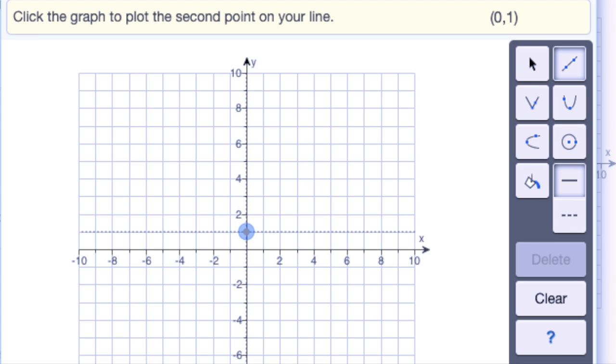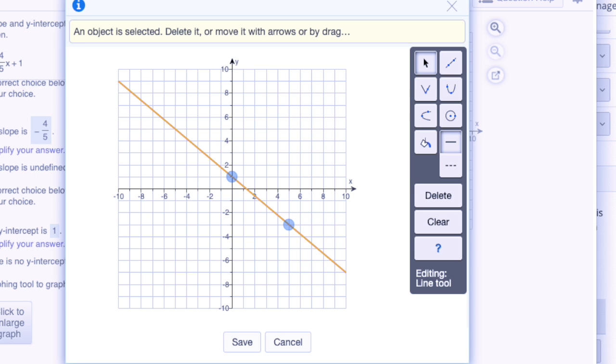Once you've clicked and located your y-intercept, the directions at the top now say click the graph to plot the second point on your line. So now use your slope, your rise over run, to move to your next point. The line tool will automatically draw the line as you drag the second point into place. When you're done, hit the save button at the bottom.